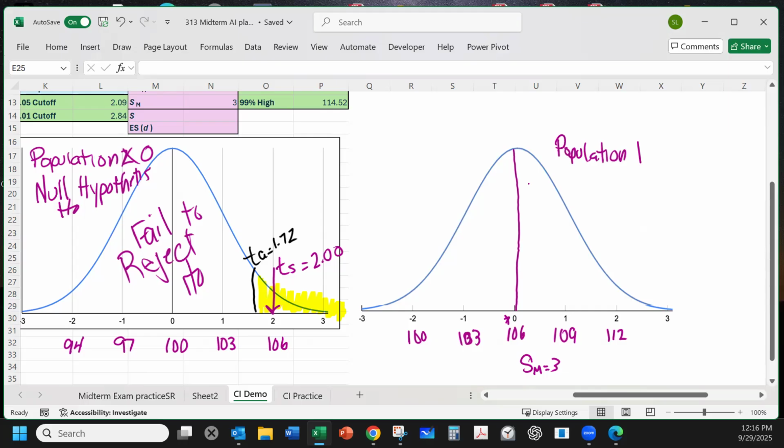But remember, it represents a population, not just that one sample. And so that's what we often forget when we're doing statistics. We think that we're talking about comparing this little sample that we drew, to do it how your book usually does it, to compare the mean of that group with population 1. And that is indeed what we're doing, but this is intended to represent a different population.